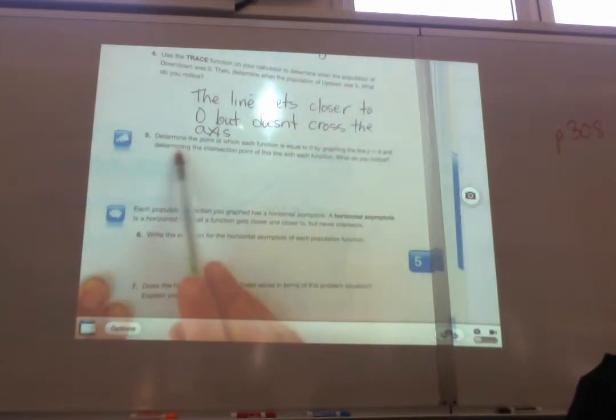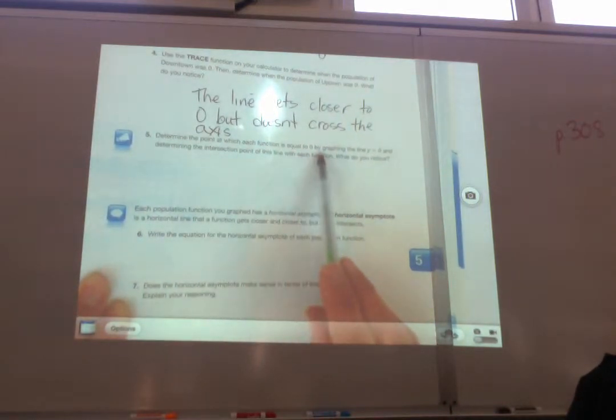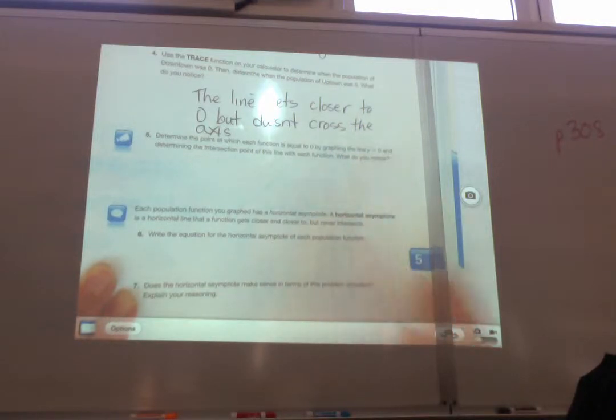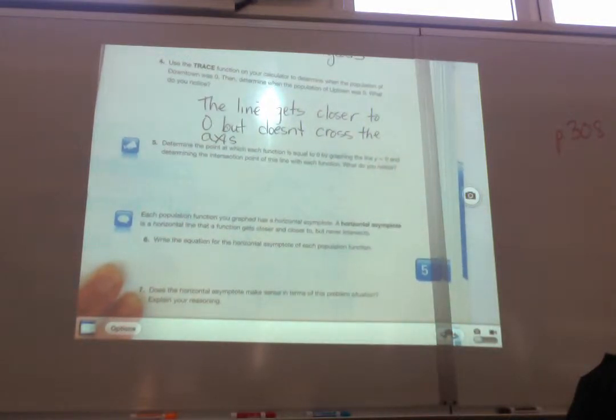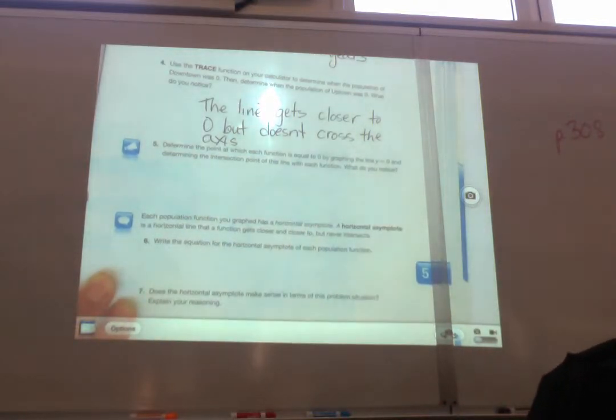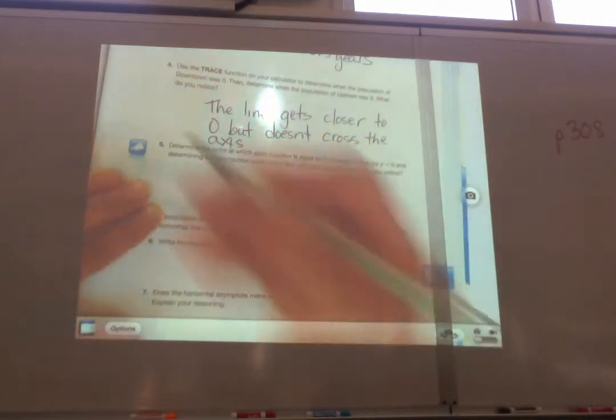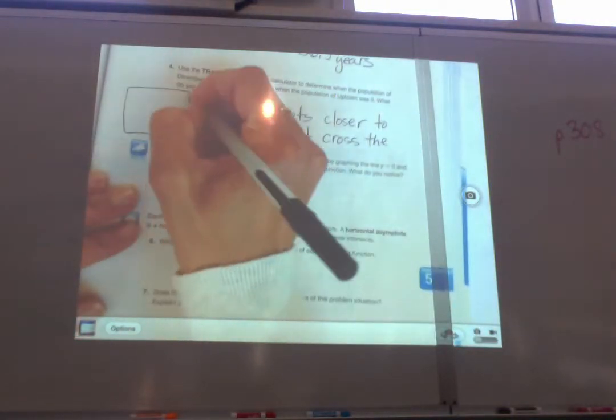Okay. Determine the point at which each function is equal to 0 by graphing the line y. Oh, what'd you get? Now no one did. I think this was the uptown. Okay. Negative 785.11.